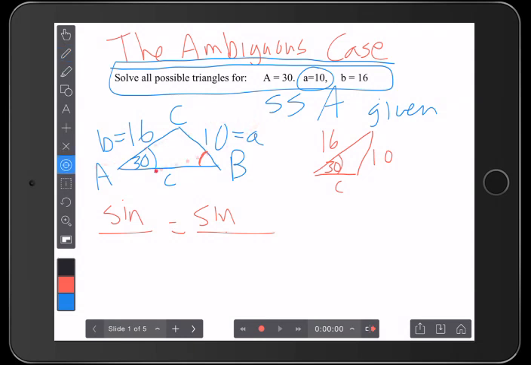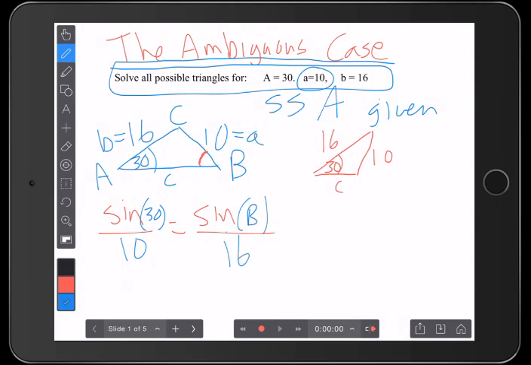So there's a pair right there, an angle side pair, like opposite side, opposite angle. So it's the 30 degrees and the a. So it's sine of 30 divided by a side length of 10, and the other one is the sine of angle B divided by 16.